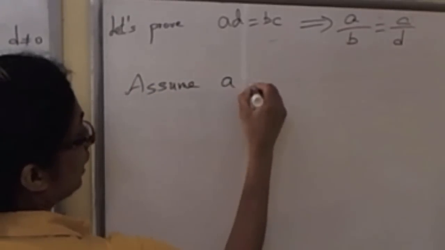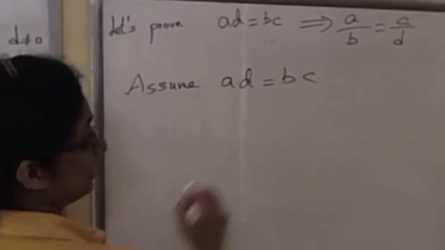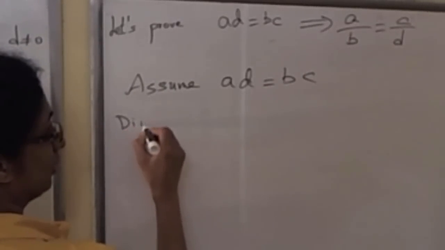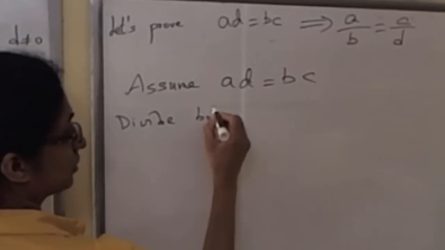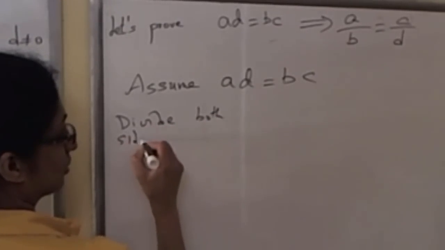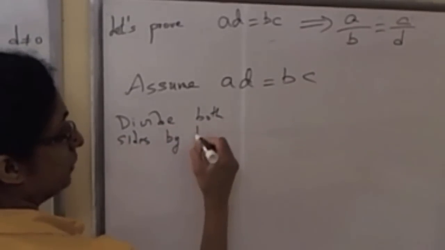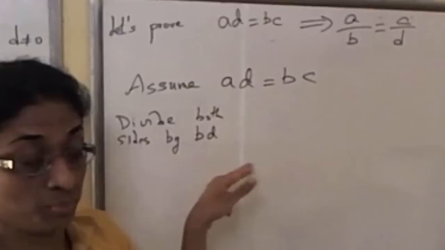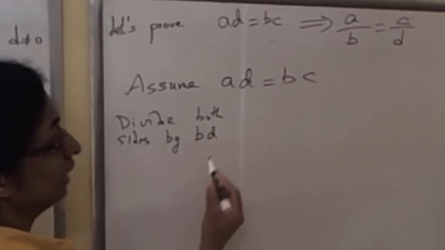Assume AD equals BC. And now what we do is we divide both sides by BD. Remember, B is non-zero, D is non-zero, so BD is non-zero, and we can do that.